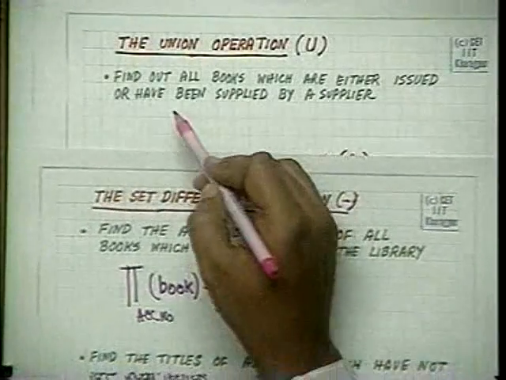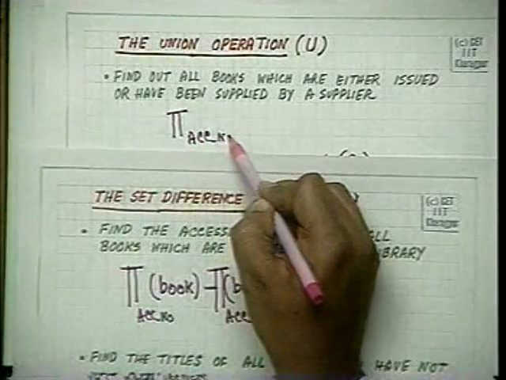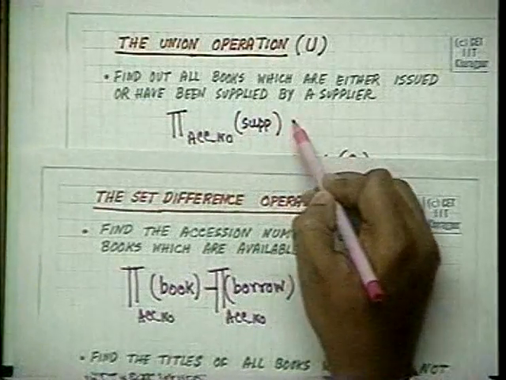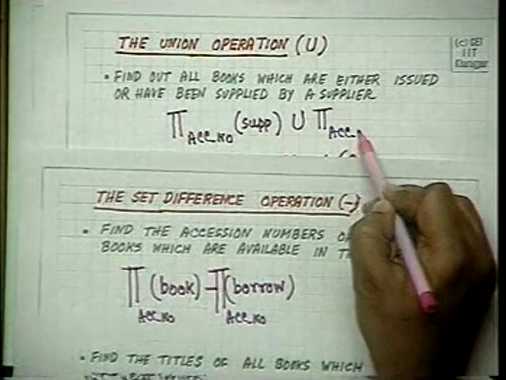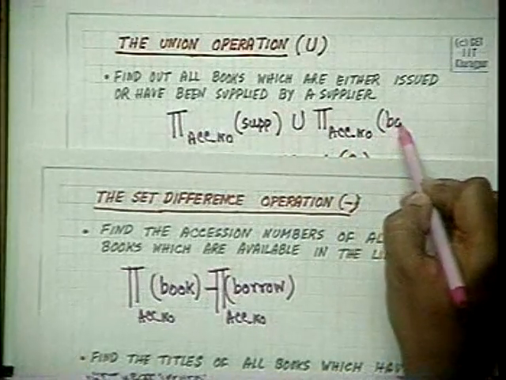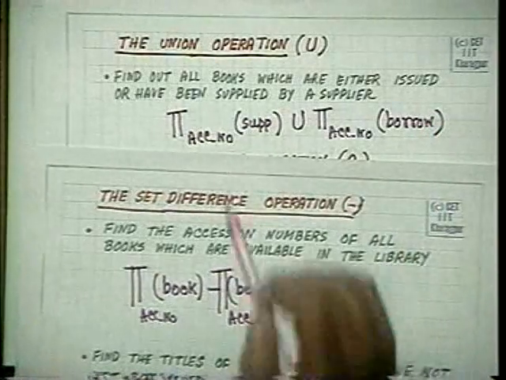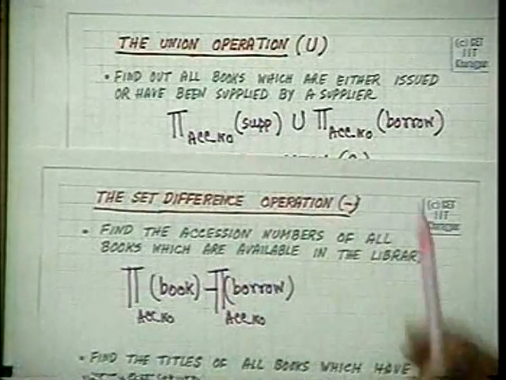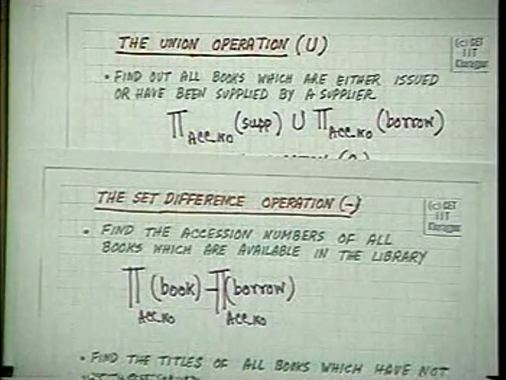To make the attributes common, again we will do a projection, so union and set difference are defined on two relations which have got identical attributes. So we finish off with the fundamental operations.